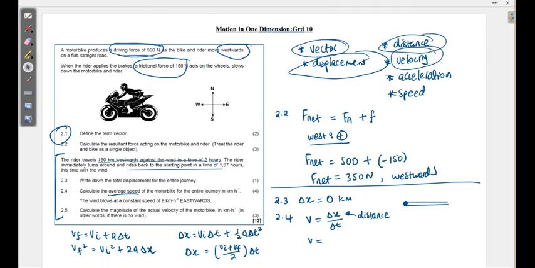So here is a rider here, 160 kilometers westwards, and then the change in time is 2 hours. And then the rider immediately turns around and goes this side, right?